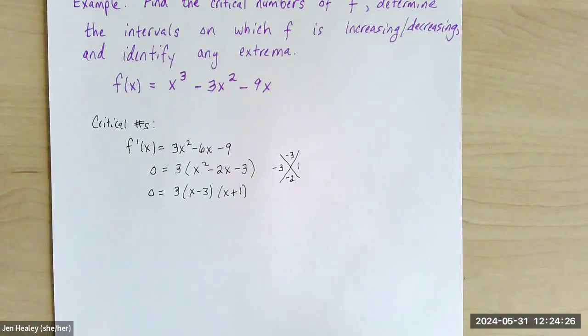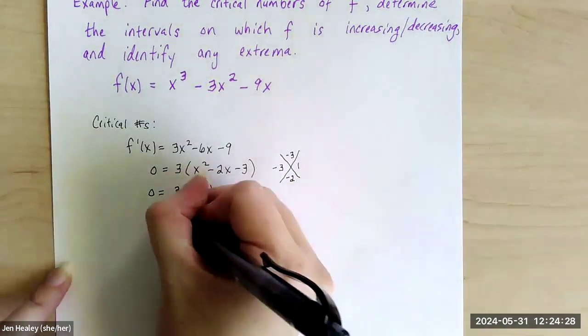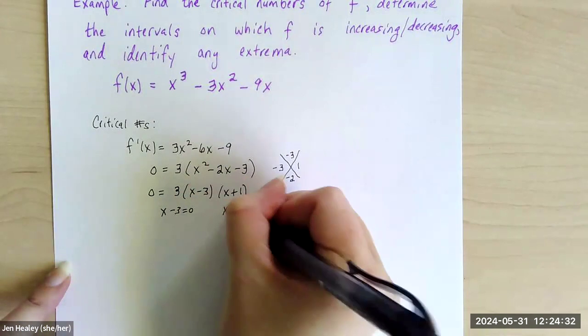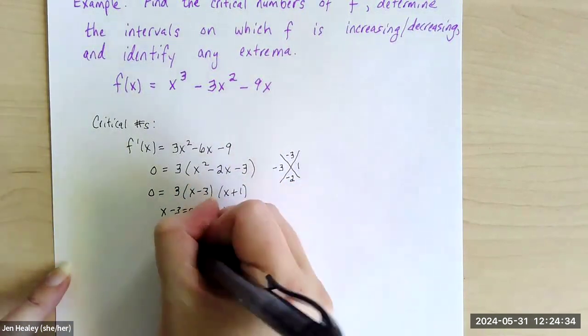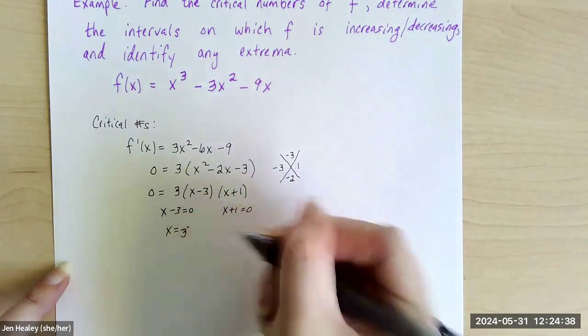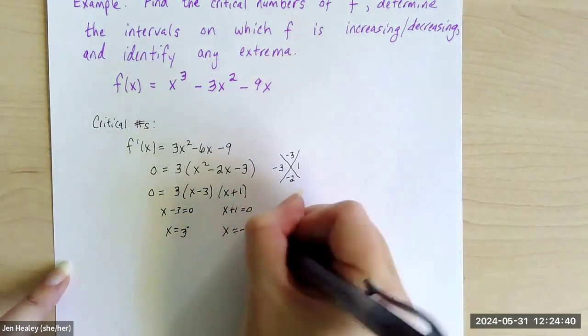And so then to find my critical numbers, I'm going to set x minus 3 equal to 0 and x plus 1 equal to 0. So I'm going to get x equals positive 3 and negative 1.